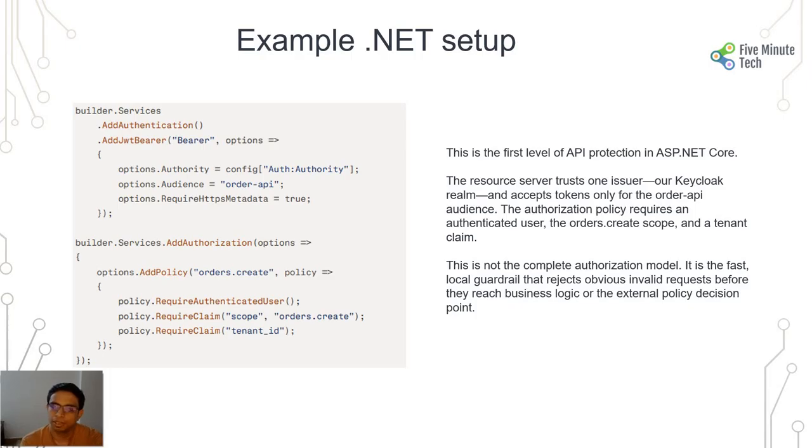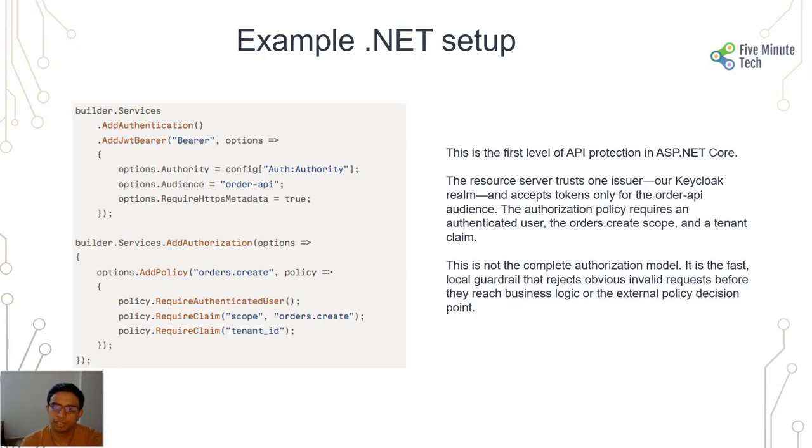Now, the example .NET setup will be similar to this. If you're familiar with .NET services and the code we write in the pipeline or middleware, we add authentication, add JWT bearer, and then add authorization with the policy which we can configure there. This is the first level of API protection in our ASP.NET Core.